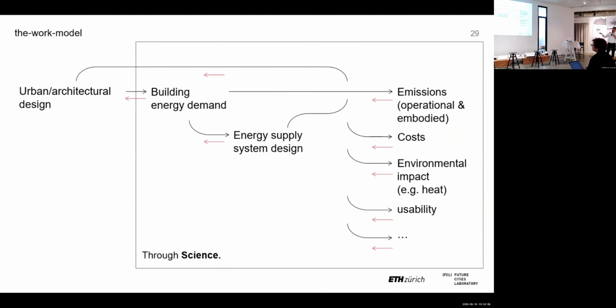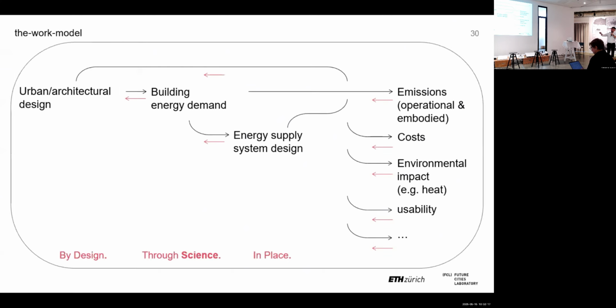This part is the energy engineering modeling side, which is the science, and the other side is the design. I want to acknowledge the title I have, by design through science in place, as this happens in very vastly different places.